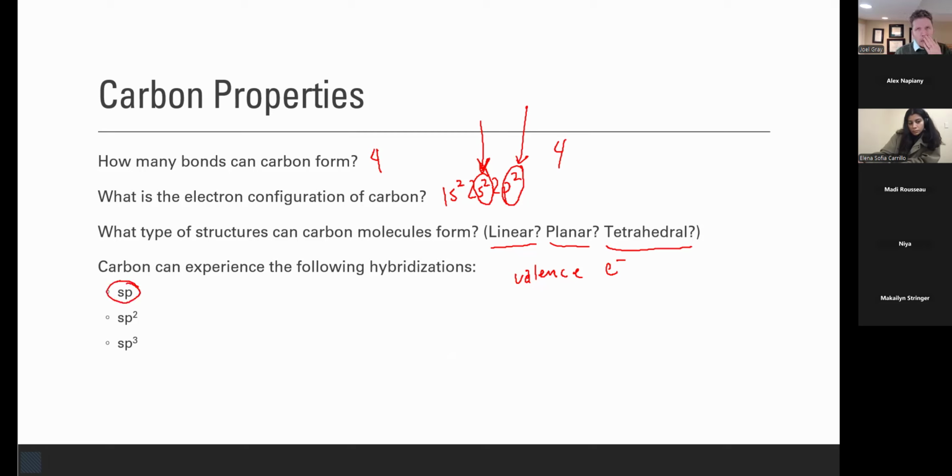An sp hybrid orbital is what it's known as, an sp2 and an sp3 hybrid orbital. These are all similar but different from one another. Now, what's important to know is specifically focusing in on the sp3 hybrid orbital.